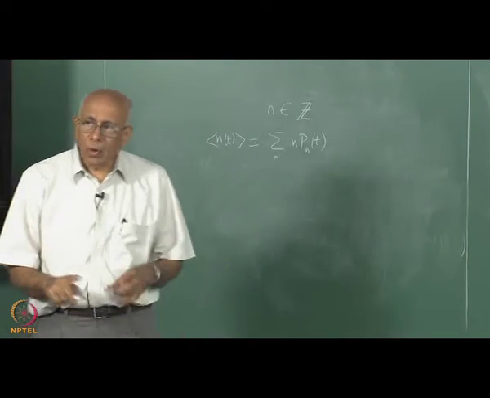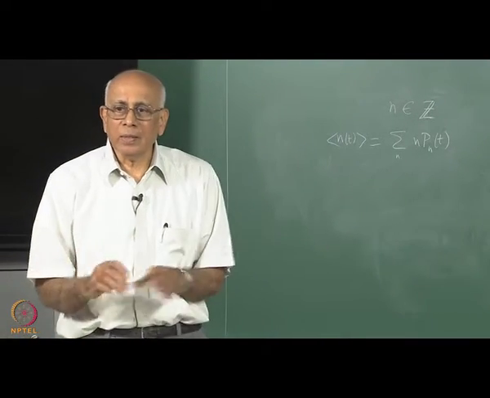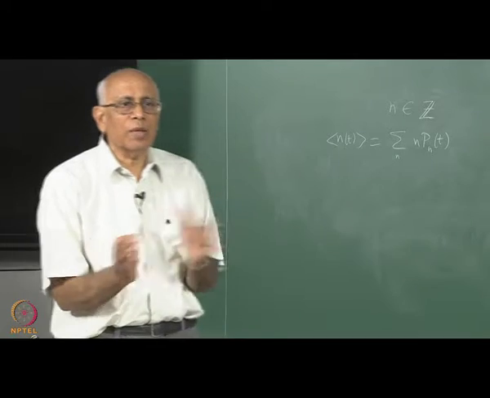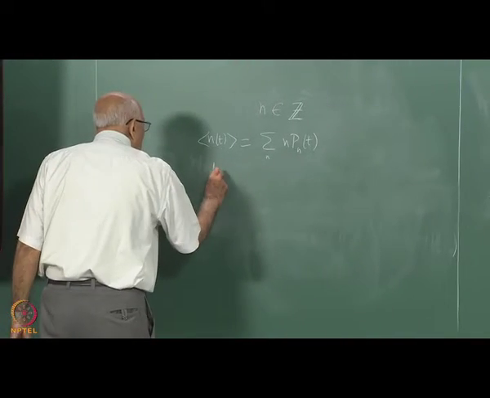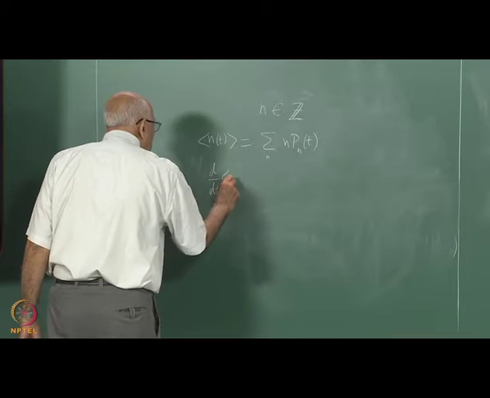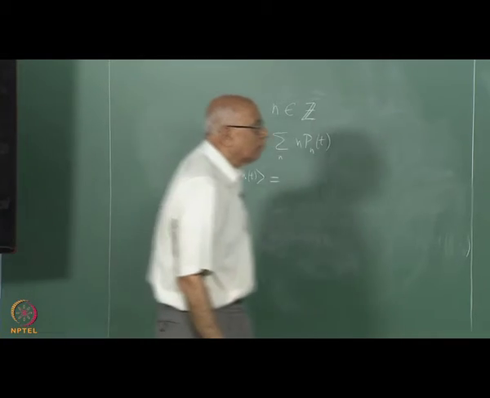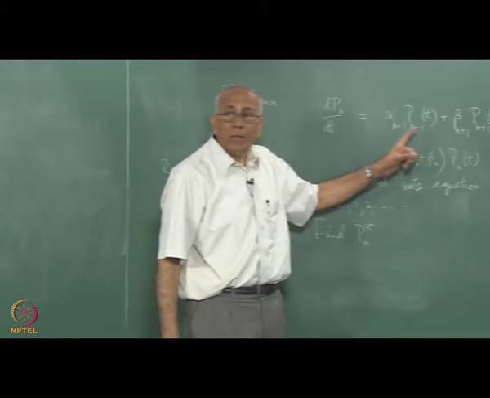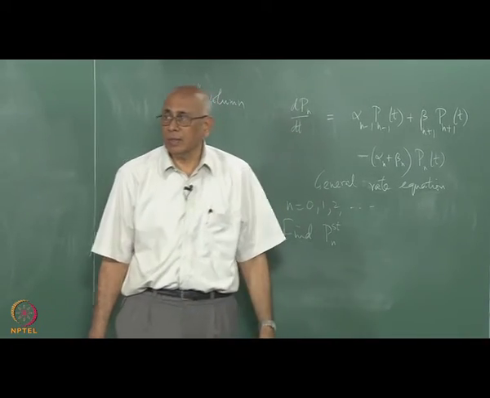Since I am summing over all integers, whether the summation index is n or n plus 1 or n minus 1 does not matter, it is over the same set. I am going to freely shift things. Okay. Then what happens to this? What is d over dt of the average of n of t equal to? I multiply both sides by n and sum over n over all the integers.